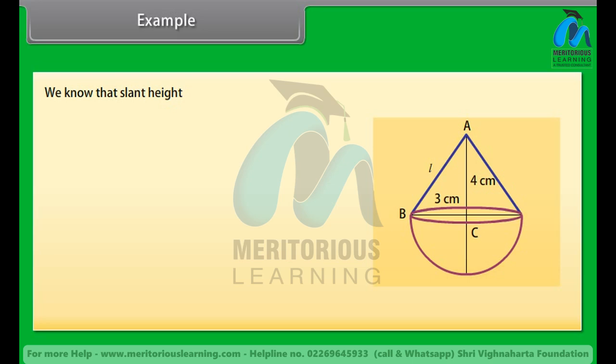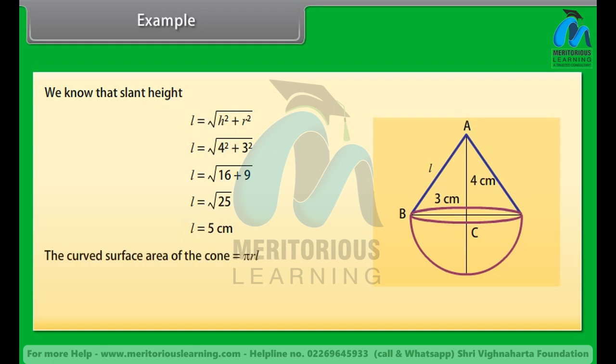We know that slant height l is equal to square root of h square plus r square, which equals square root of 4 square plus 3 square, is equal to square root of 16 plus 9, is equal to square root of 25, equals 5 cm. Now substituting the values of pi, r and l, we get 3.14 into 3 into 5, which is equal to 47.1 centimeter square.